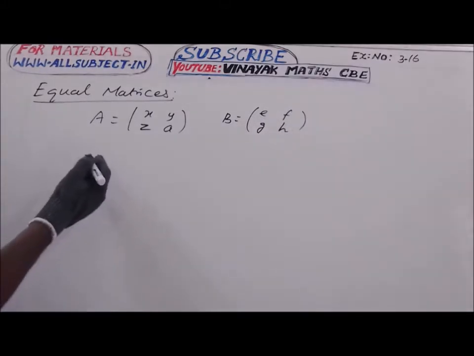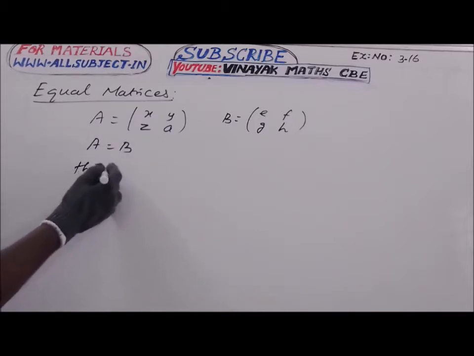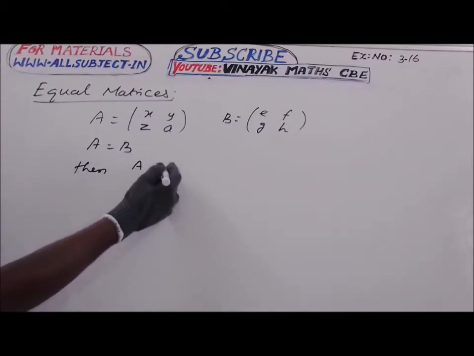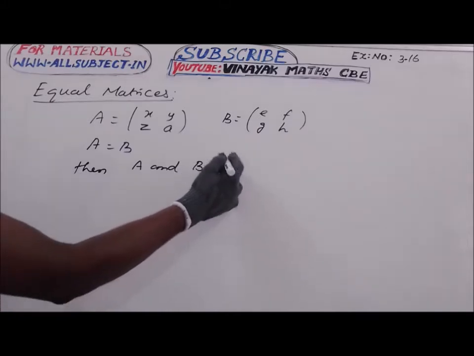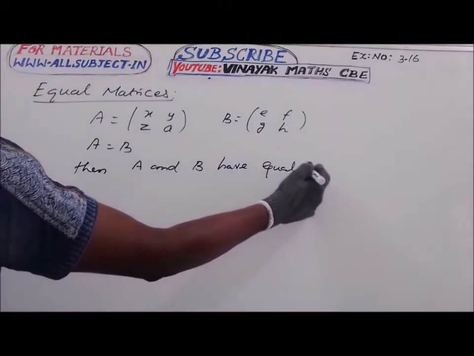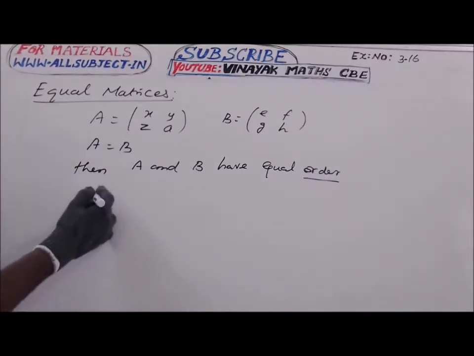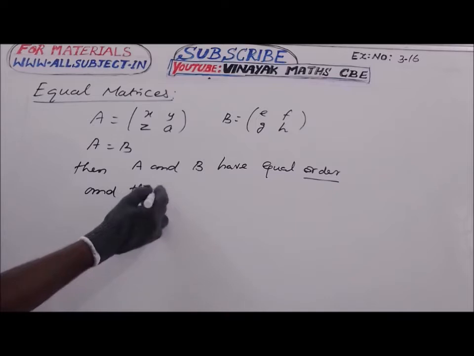If we say that A equal to B, then A and B must have equal order, and the corresponding elements are equal.